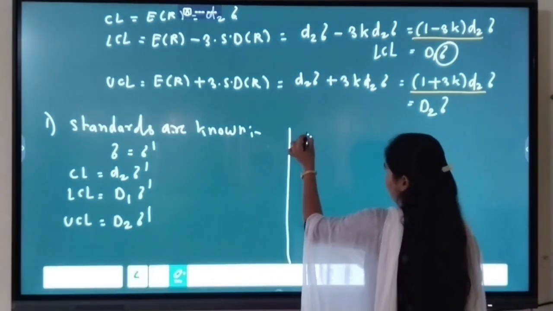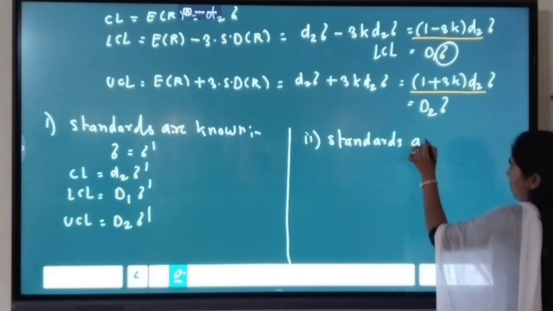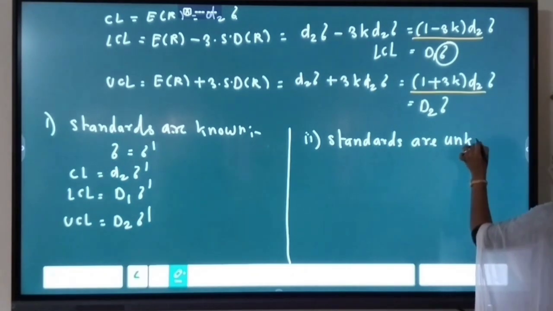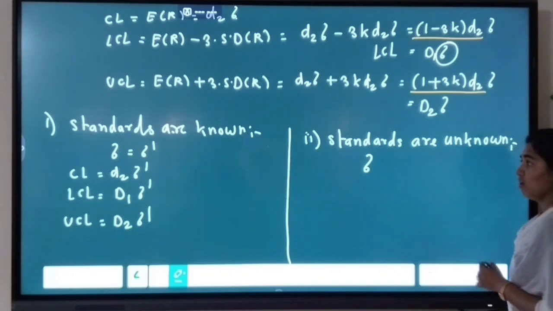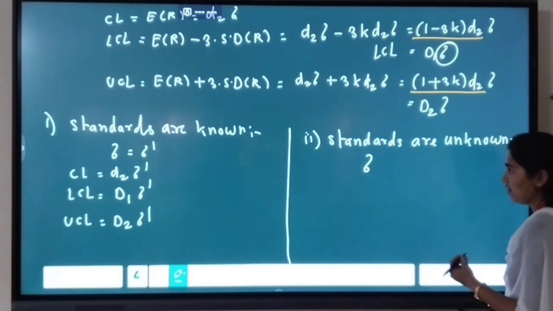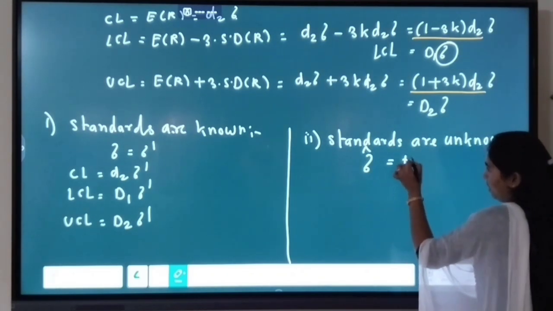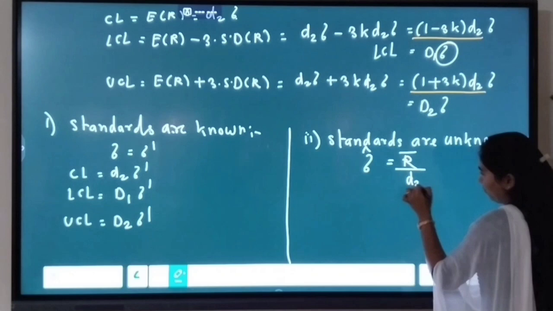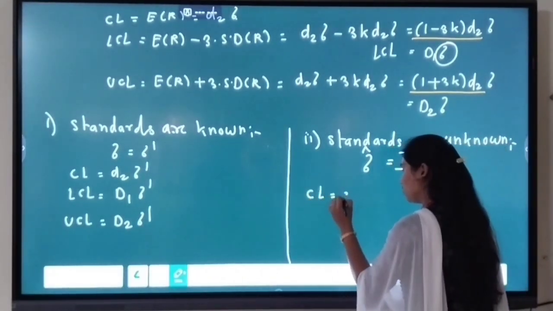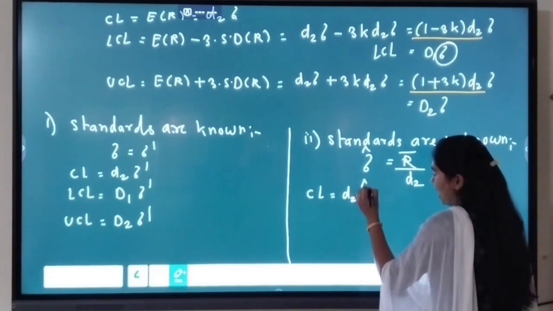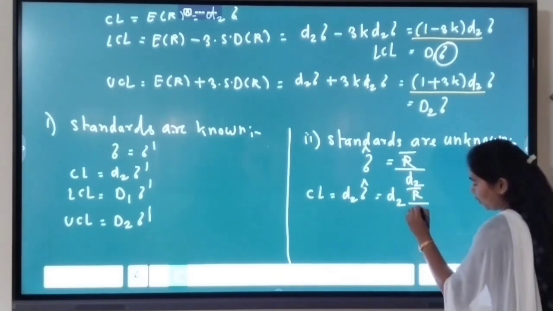The second situation is when standards are unknown, that is the process standard deviation sigma is unknown. Then we have to estimate the standard deviation, and the estimated value of the process standard deviation is R bar upon d2. We put this estimated value in the control limits, and we get CL equal to d2 sigma hat, which is d2 times R bar upon d2.